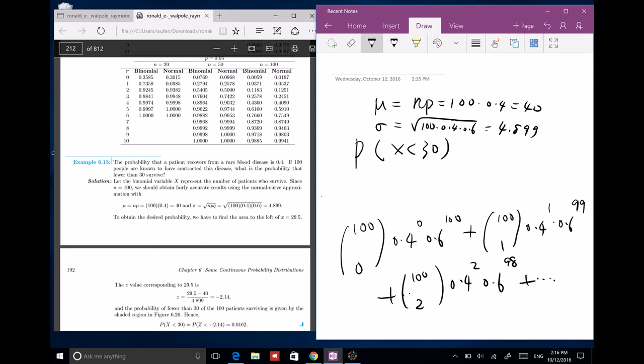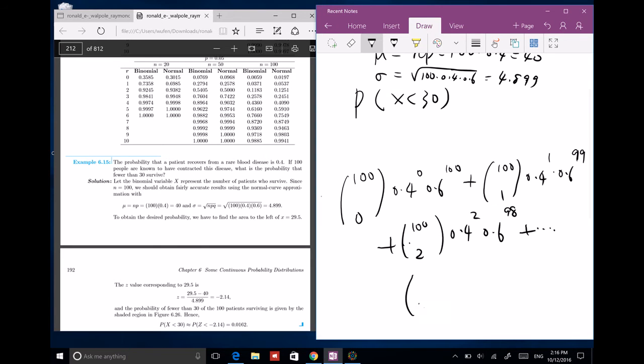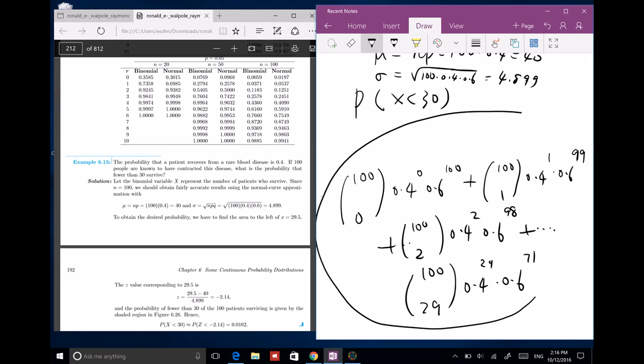Then you have to add until 29, since it's fewer than 30: choose 29, 0.4 to 29, times 0.6 to 71. You can think about that, a lot of calculation.